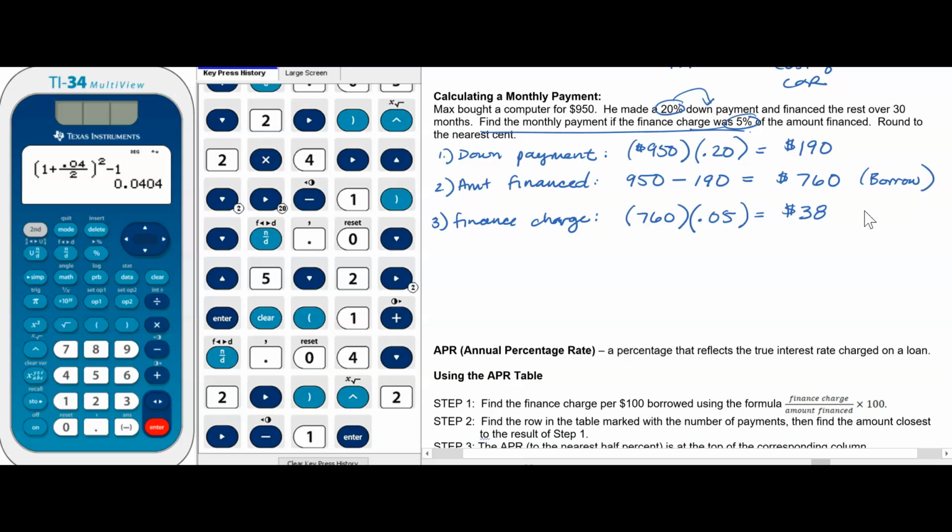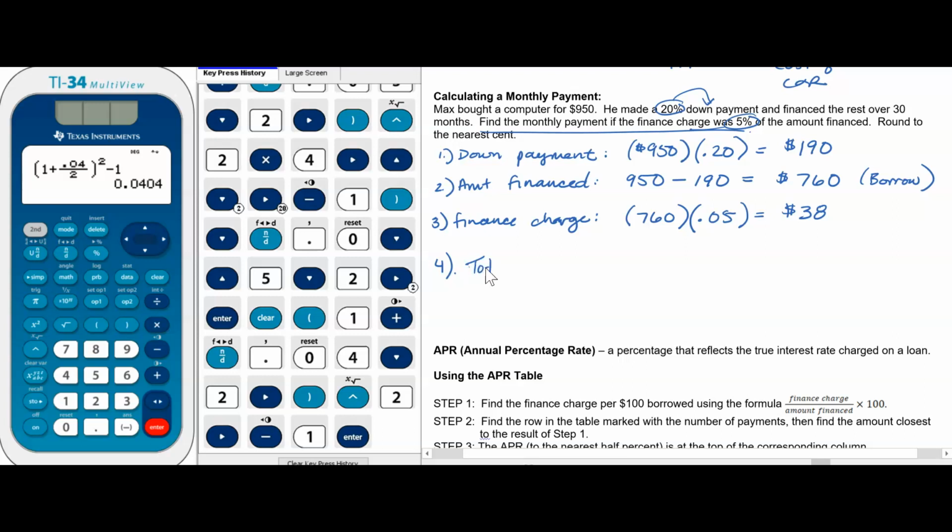So that's how much money, in addition to paying for the computer, he's going to have to pay just so that he can make payments. And then we want the monthly payment. So in order to get the monthly payment, I'm going to figure out how much he's going to have to pay to the lender.